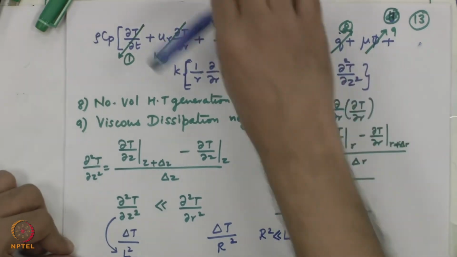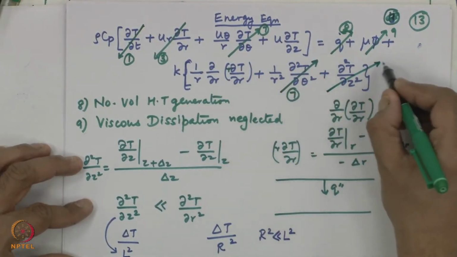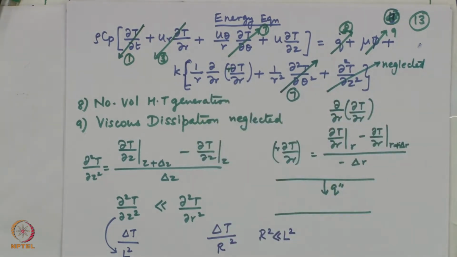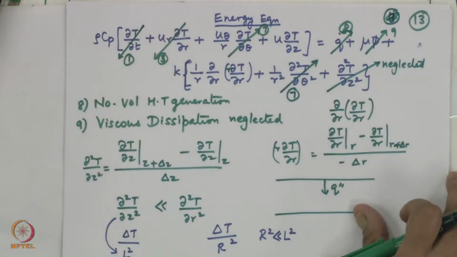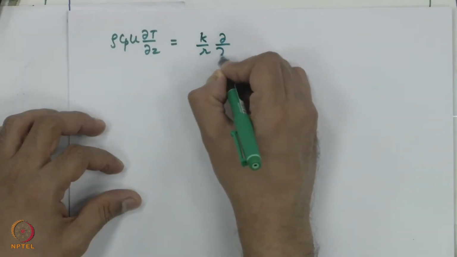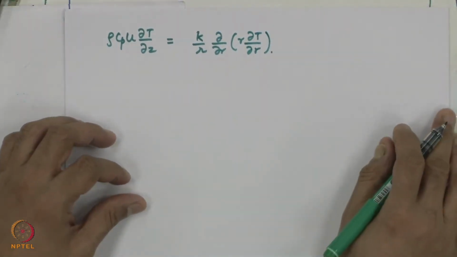So, my gradient in the z direction, in the flow direction, is neglected in comparison with the second derivative in the r direction. That is why we are going to drop this d square t by dz square term, and I am left with u rho cp dt by dz is equal to k over r d by dr of r dt by dr. This is what I am left with.